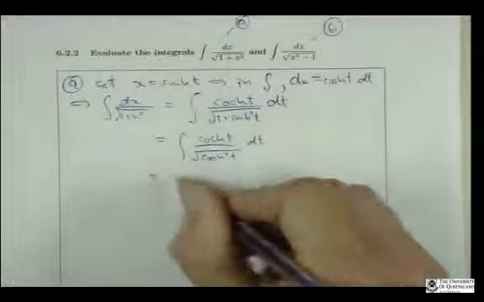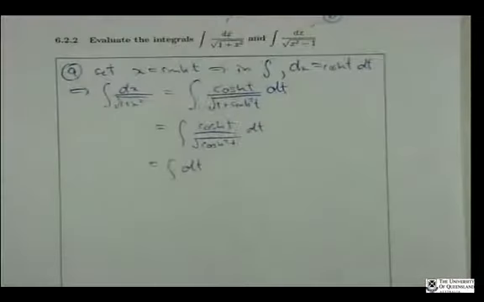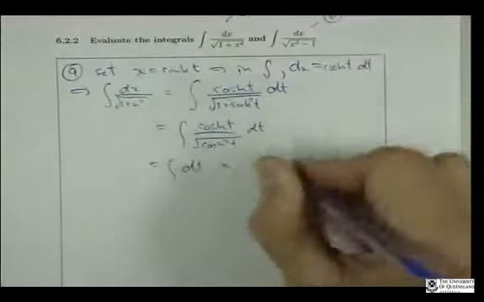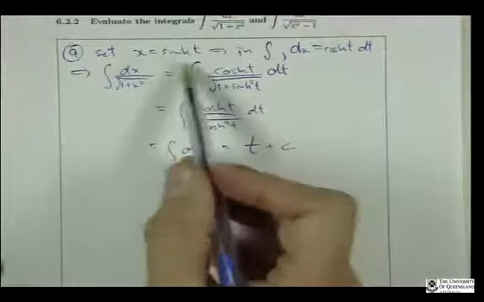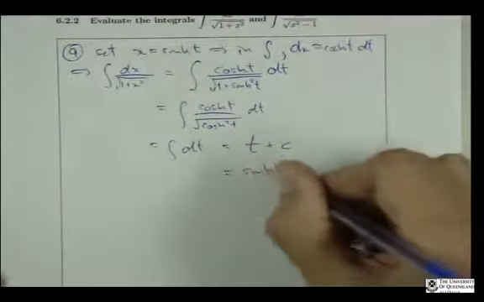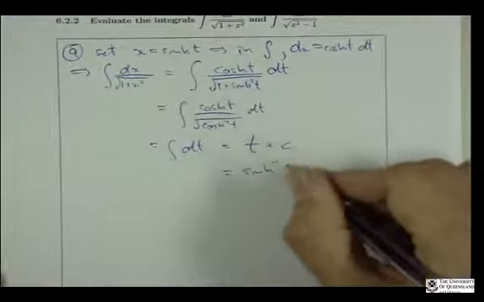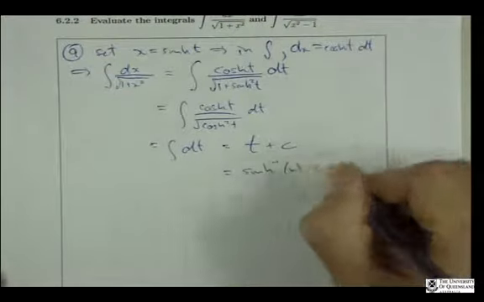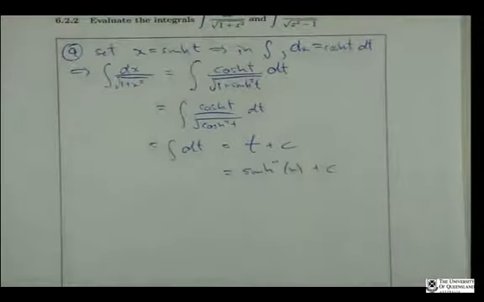Okay, so we end up just having to work out the integral of 1 with respect to t, which is just t plus a constant. But remember, we've set x equal to sinh t, and so this is inverse sinh of x plus a constant. Right? This is actually just the reverse calculation of what we've just shown on the previous page, in fact.